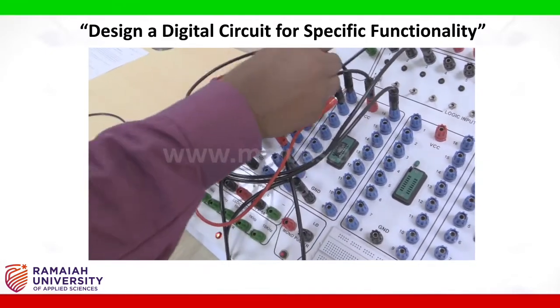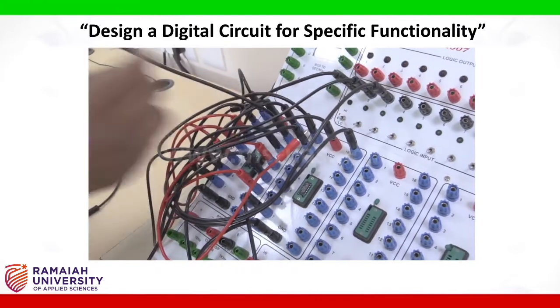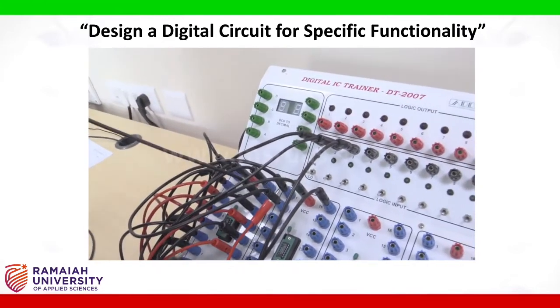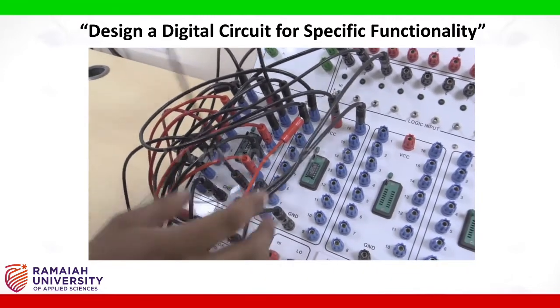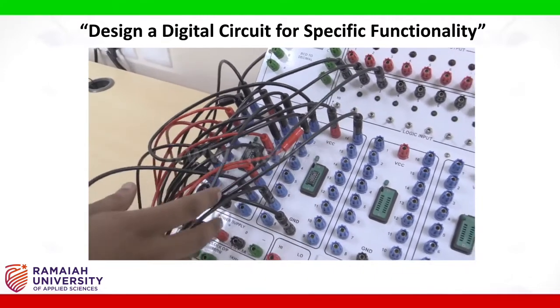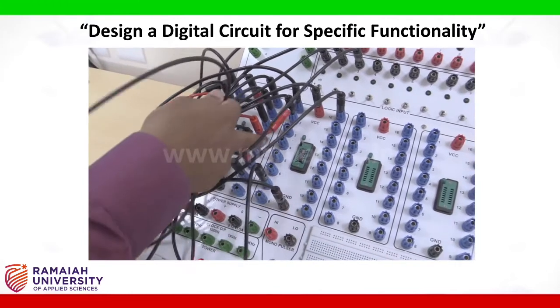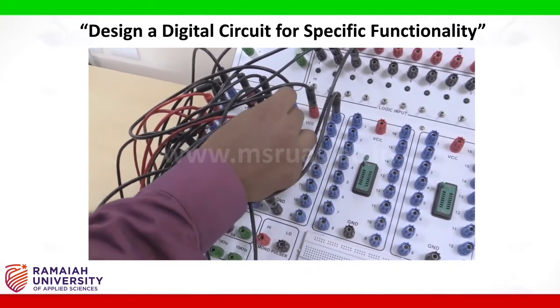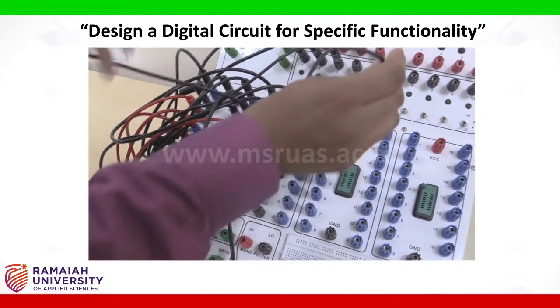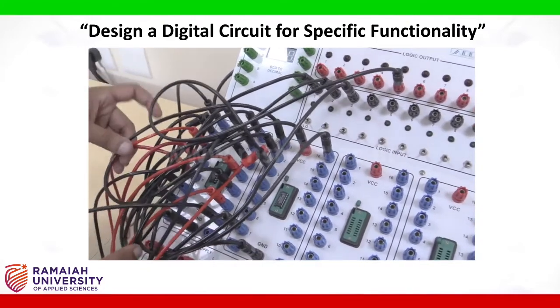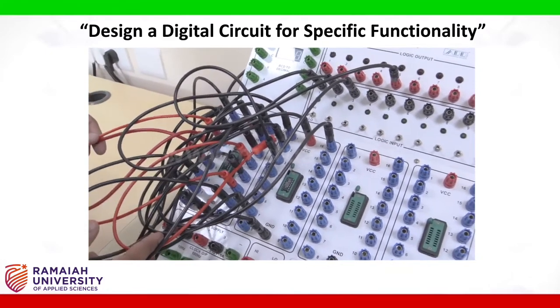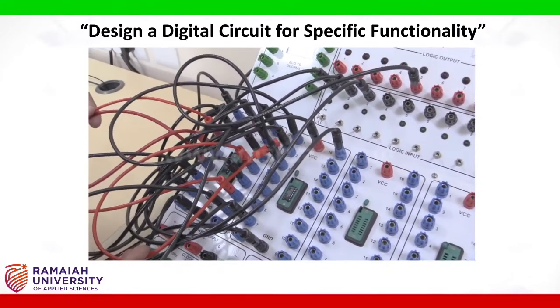Pin number 13 of this IC is connected to pin number 8 as per the logic circuit. So now last, pin number 3 of the second IC, this is the output, so therefore I am connecting this pin to output knob. So now this completes the connections for POS expression using NAND gate.